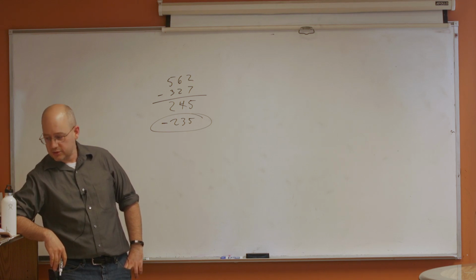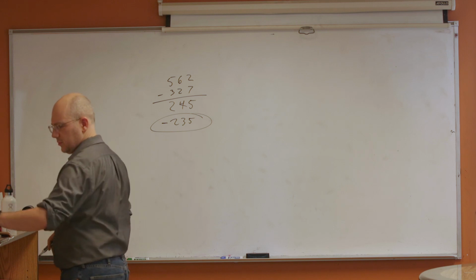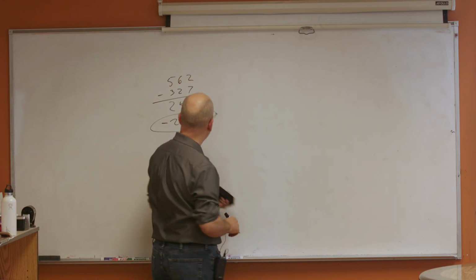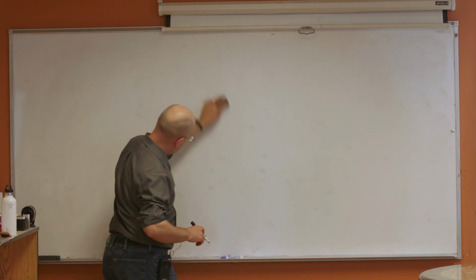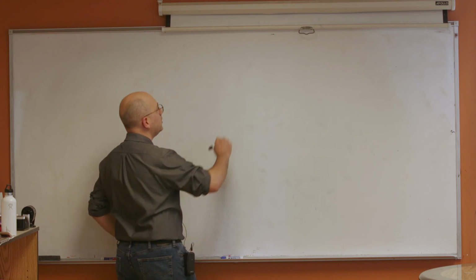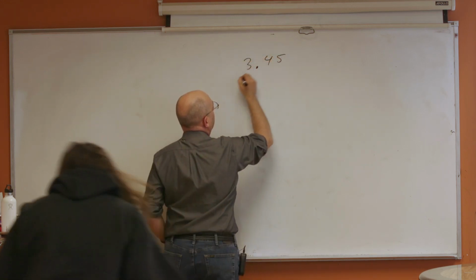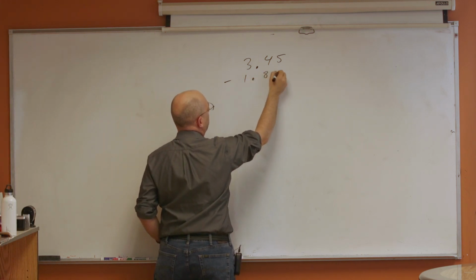Just add more digits. Let's do some dollars and cents because it's eminently practical. $3.45 minus $1.89.